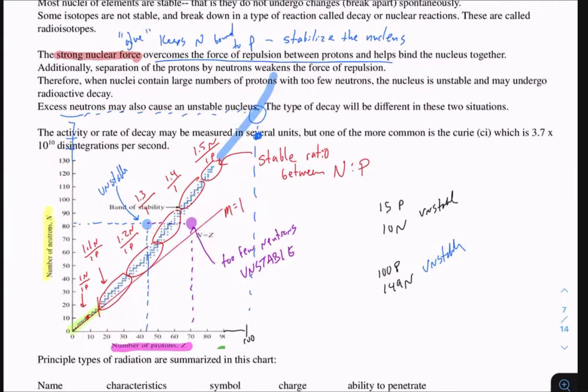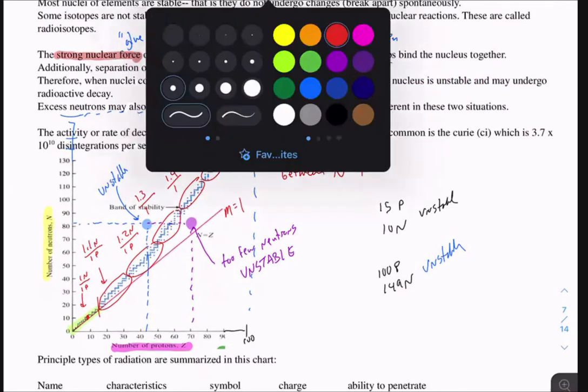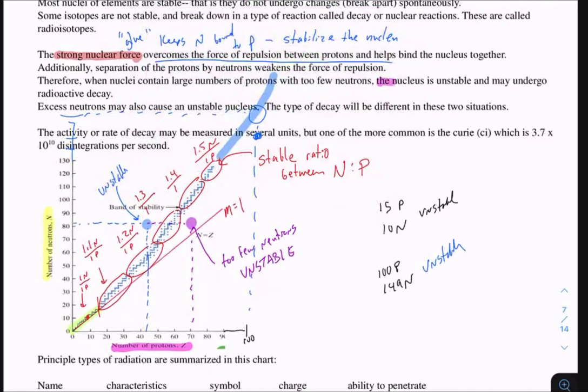So that's all well and good. We know how to predict if something is stable or not in the nucleus. What happens when it is unstable? Well, when it's unstable, we get what's called nuclear decay.